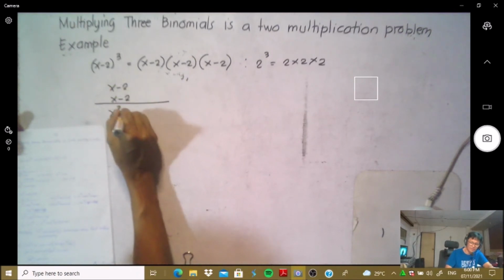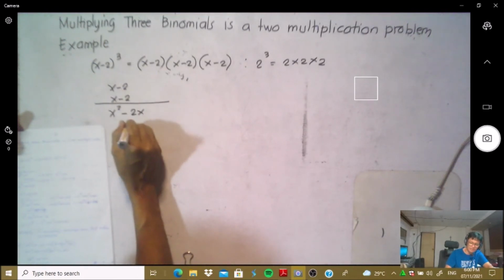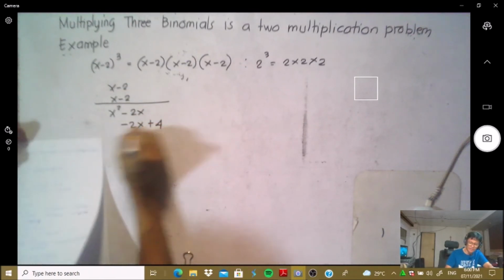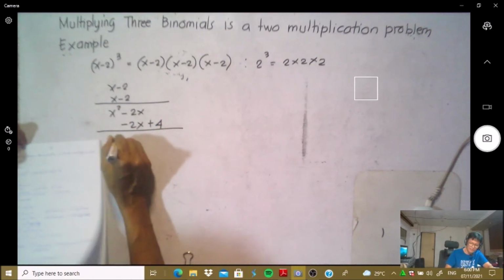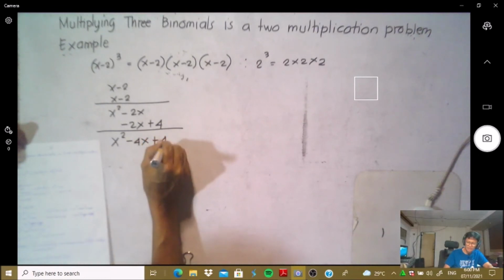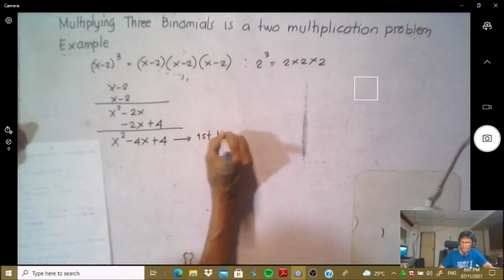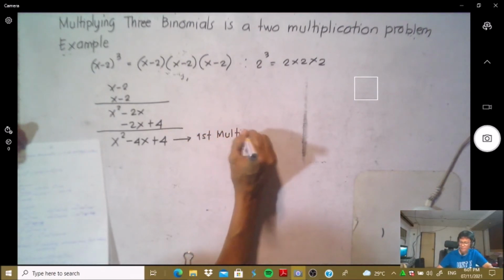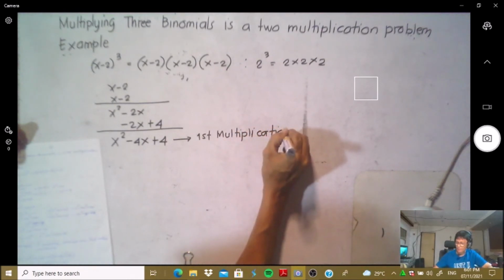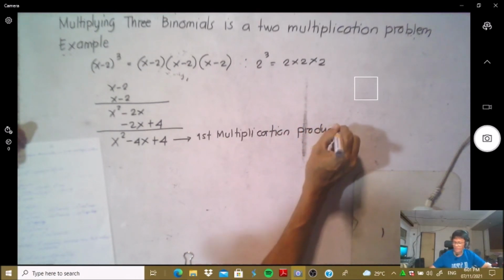Then x times negative 2 is negative 2x. Then negative 2 times x is negative 2x. Then negative 2 times negative 2 is equal to positive 4. Then we can now combine, so we have x squared minus 4x plus 4. This is our first multiplication product.